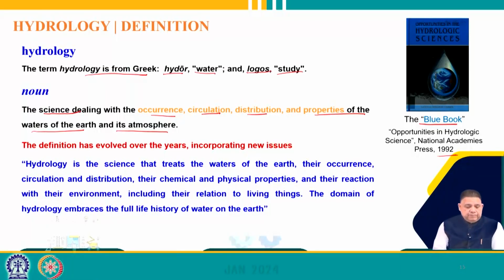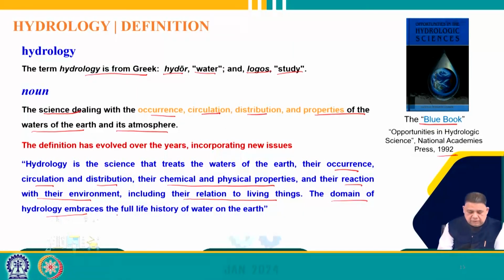As per the definition, hydrology is the science that treats the waters of the earth, occurrence, circulation and distribution, their chemical and physical properties, and their reaction to their environment, including their relation to living things. The domain of hydrology embraces the full life history of water on the earth.